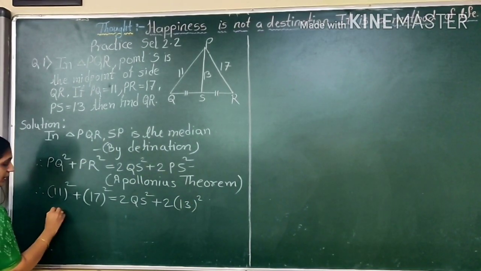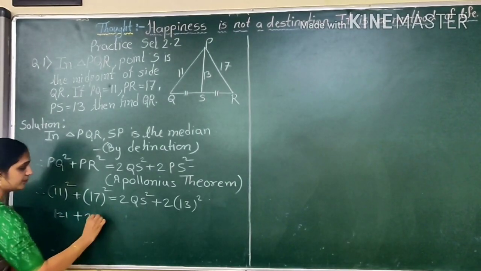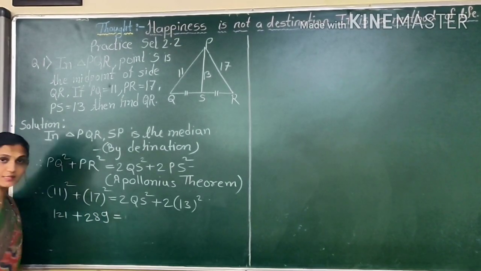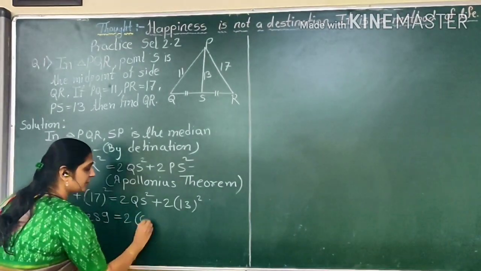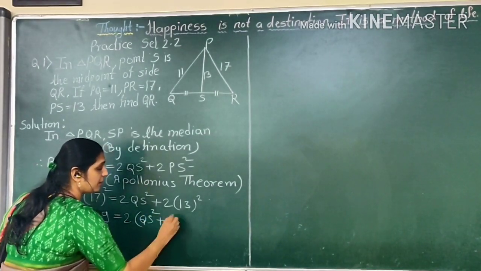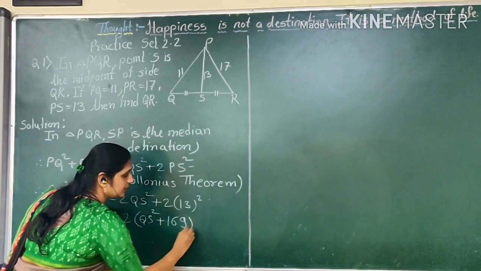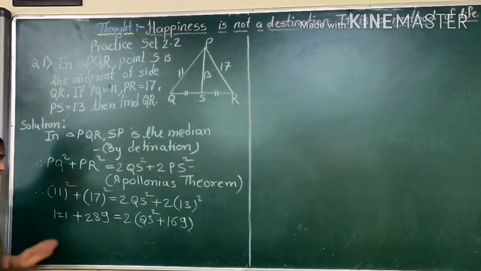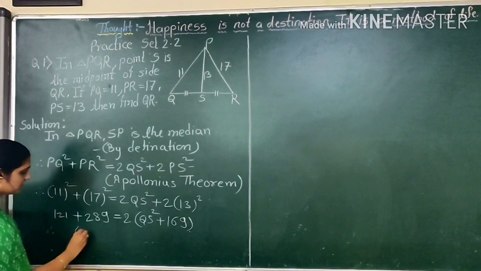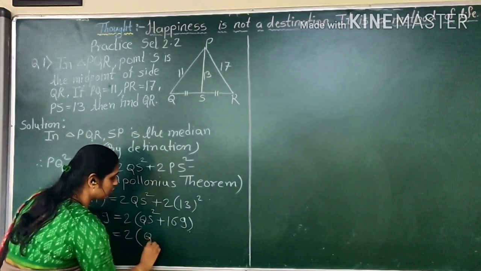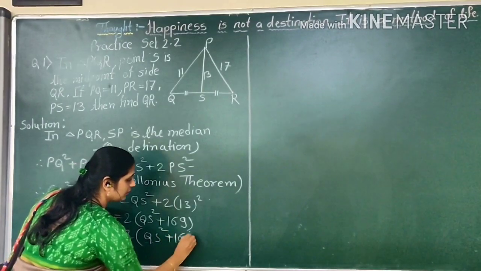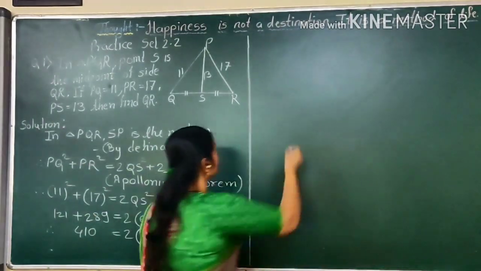Okay. 11 square is 121. 289 is the square of 17, is equal to 2, we can take common, QS square plus 169. Now this addition is 410, equal to 2 QS square plus 169.